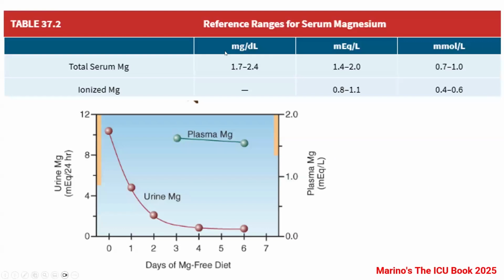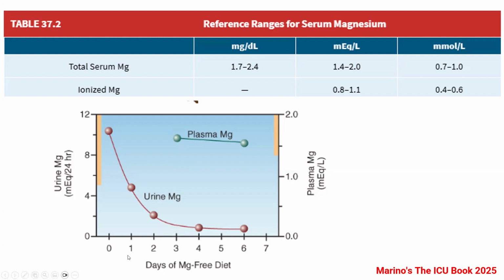I want to show you the normal serum magnesium level, 1.7 to 2.4. Less than 1.7 is called hypomagnesemia, and above about 2.4 is called hypermagnesemia. Another thing I want to throw in: the plasma magnesium level is kept in the normal range by urinary excretion of magnesium.